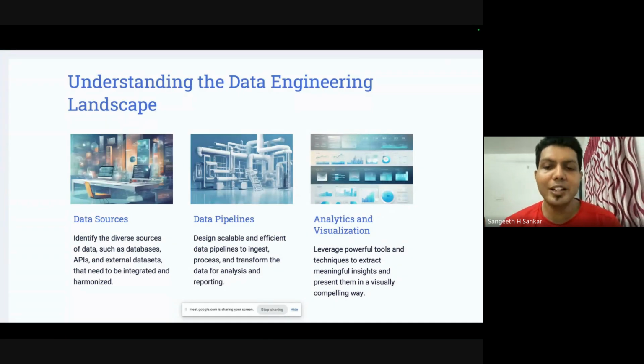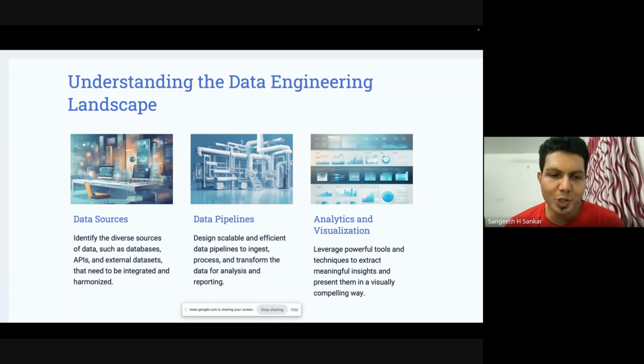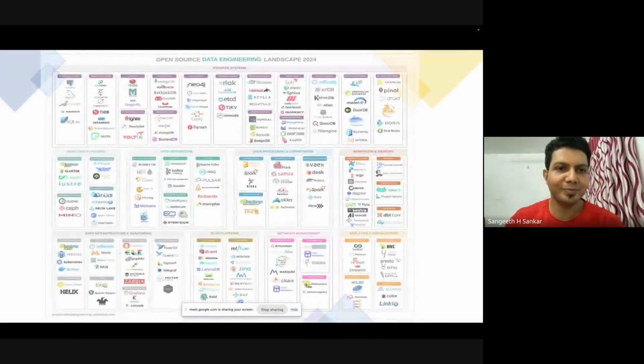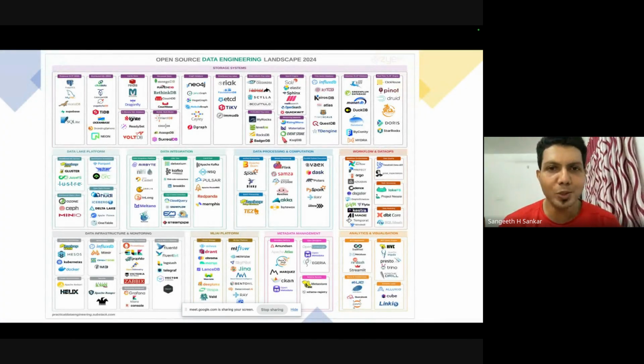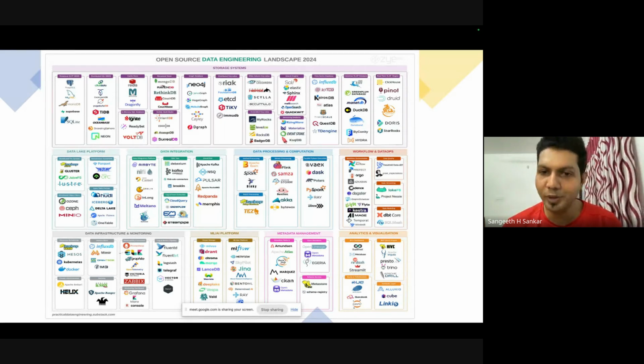And then you have the analytics and visualization. Once you have the data in a form which is good to be consumed, good to be used to predict something in future, or to do some reporting, that's where analytics and visualization comes into play. If you just listen to this, it's just 3 components, but this landscape is massive. One example being the open source data engineering landscape for 2024.